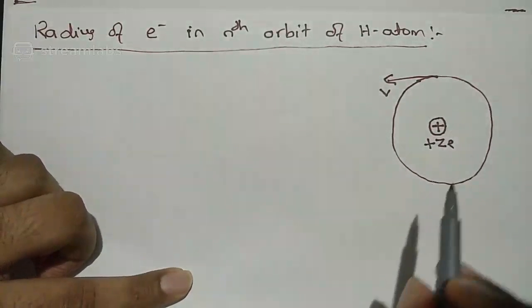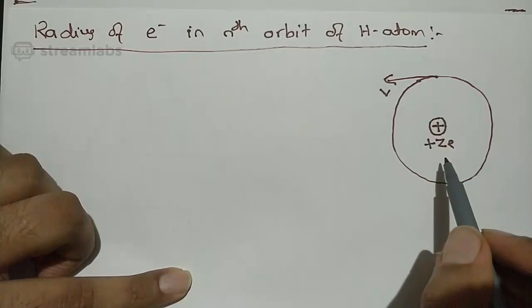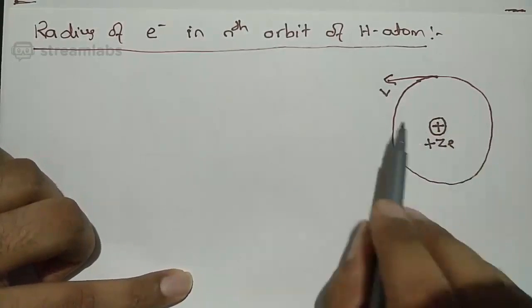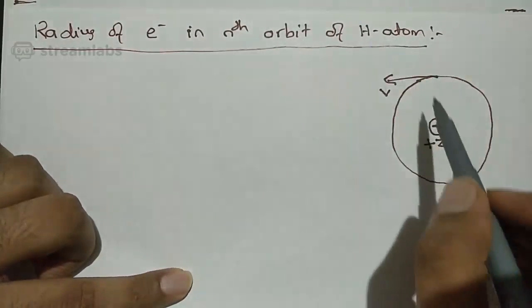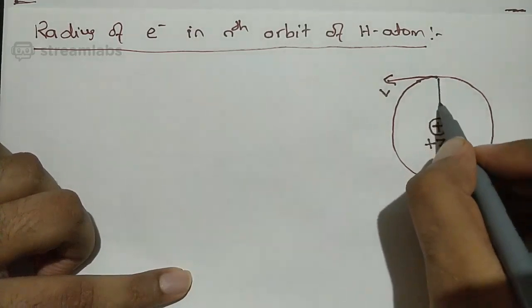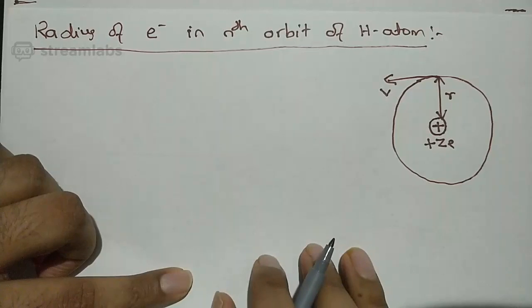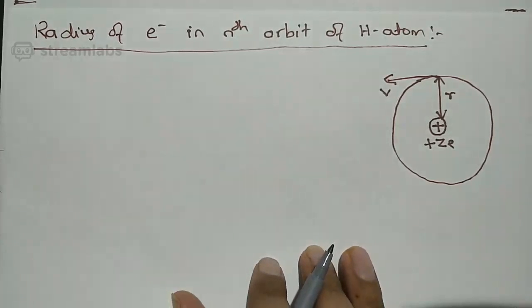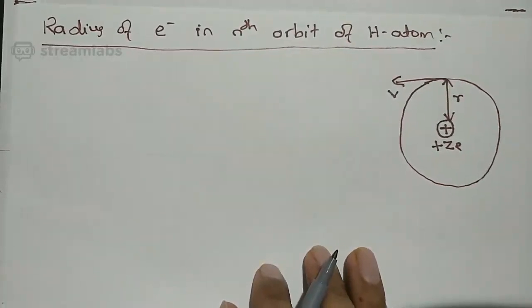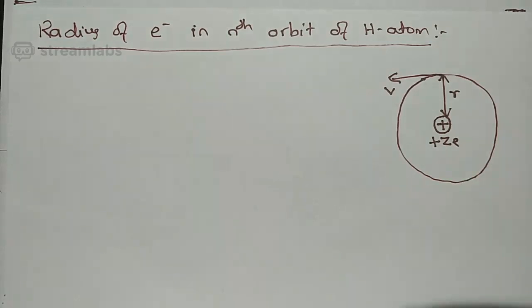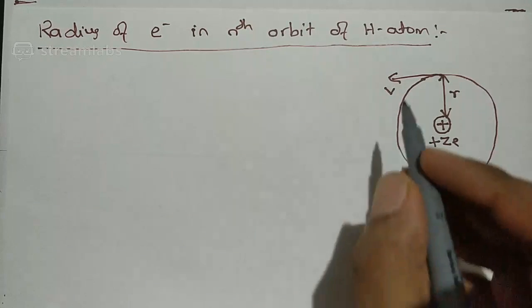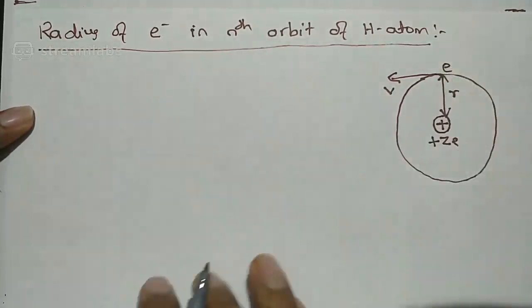In fact, first I will consider a general atom, then at the end we can put Z equal to 1 for the hydrogen atom, and the distance from the nucleus to the electron I'll take as r. So this is the situation given here. The charge of the electron is e.